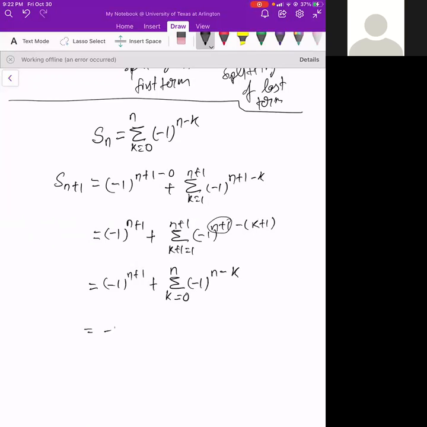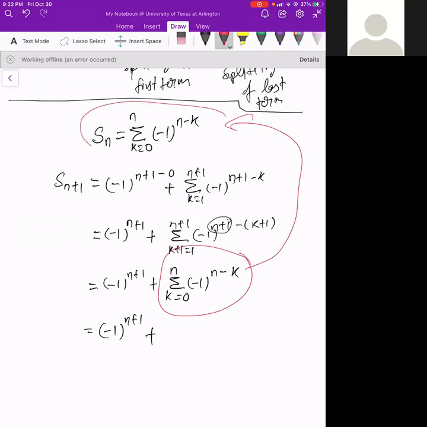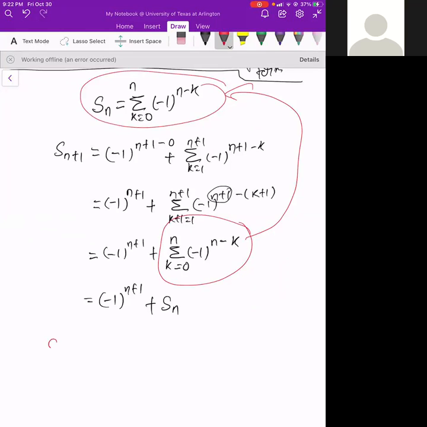Here is a realization: this term is just Sn, so we can write S sub n over here. So we got our evaluation of splitting the first term: S sub n plus 1 can be written as minus 1 to the power n plus 1 plus S sub n. Let's hold on to that.